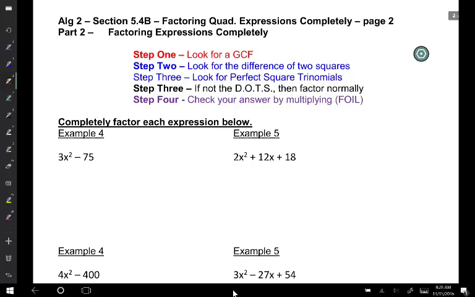Those are kind of shortcuts. If it's there, take it. If it's not there, play the long game. From there, we're just going to factor it normally, and check our answer if we have to by FOIL. I created a couple problems here.